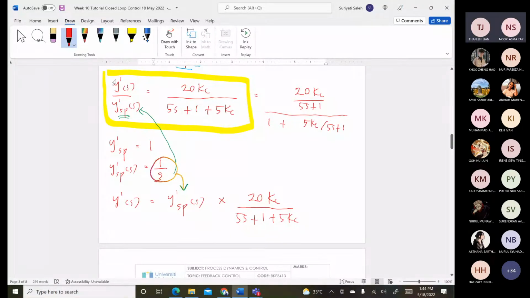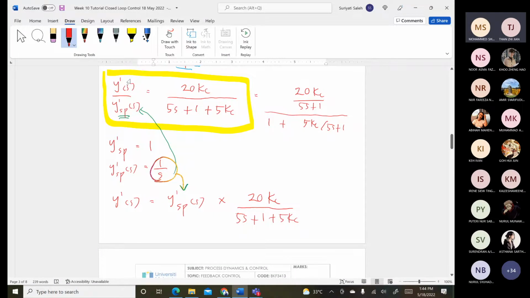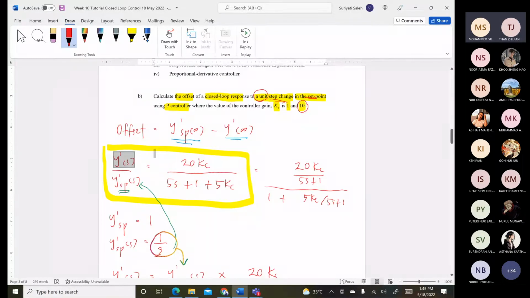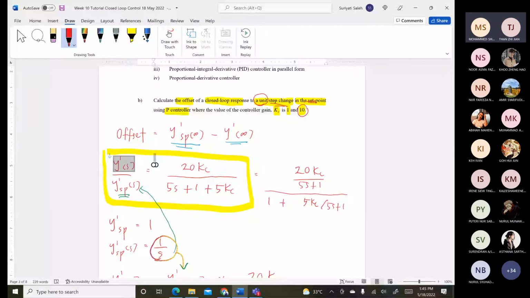Doctor, I have a question. If the y infinity equal to 1 is not given in the question, how should we proceed? It is given in the question, this one. No, in the upcoming questions, if it is not given, how should we calculate it? You specify your assumption.